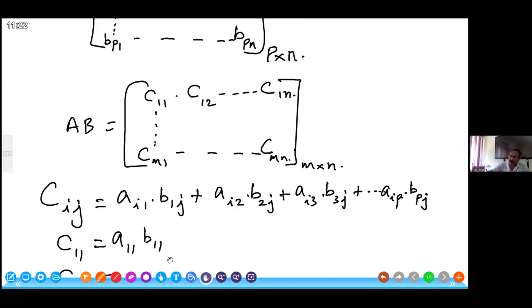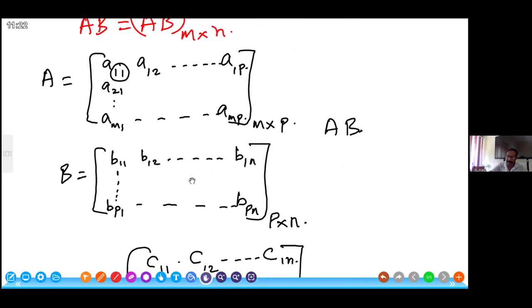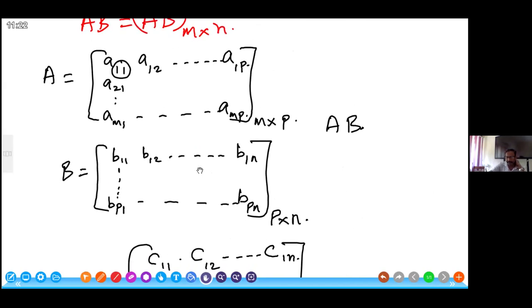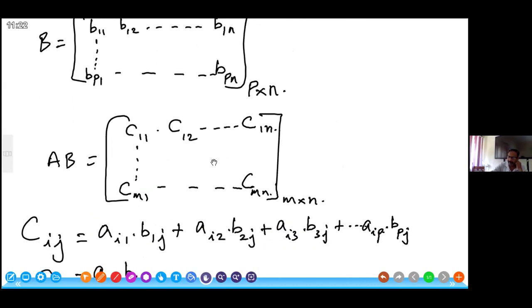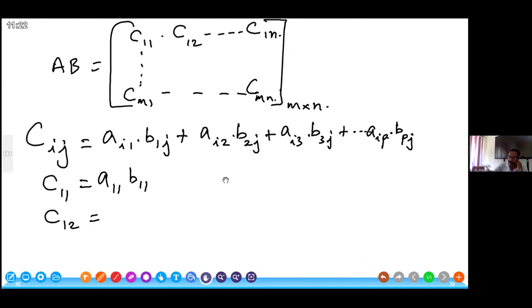Look at here. C12 is A12 multiplied by B21.